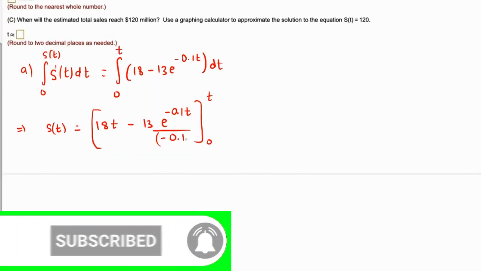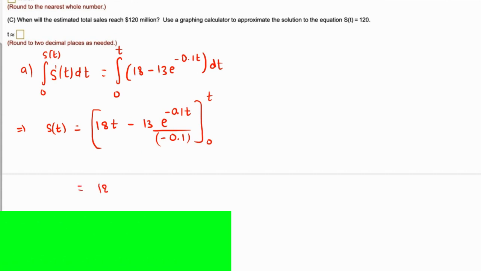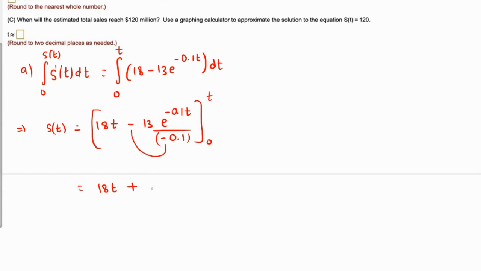So if we simplify this one, that's going to be looking like 18t plus, because minus and minus will definitely become plus, and 1 over 0.1 is nothing but 10, and 10 times 13 is 130. So basically I'm doing 13 over 0.1, which is 130, and e raised to minus 0.1 t within the limits of 0 to t.